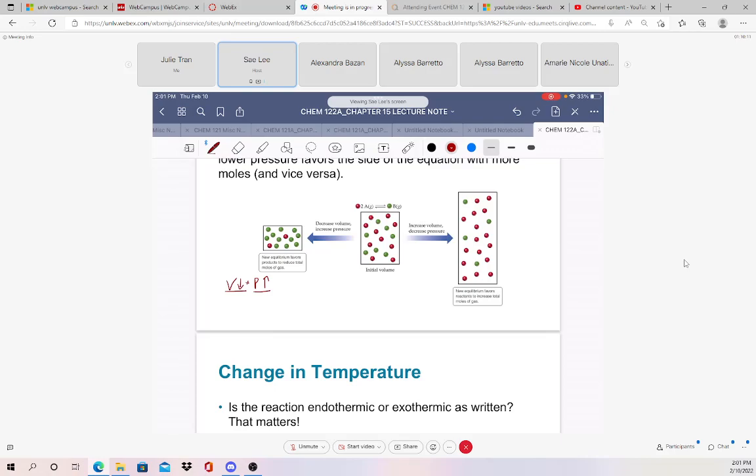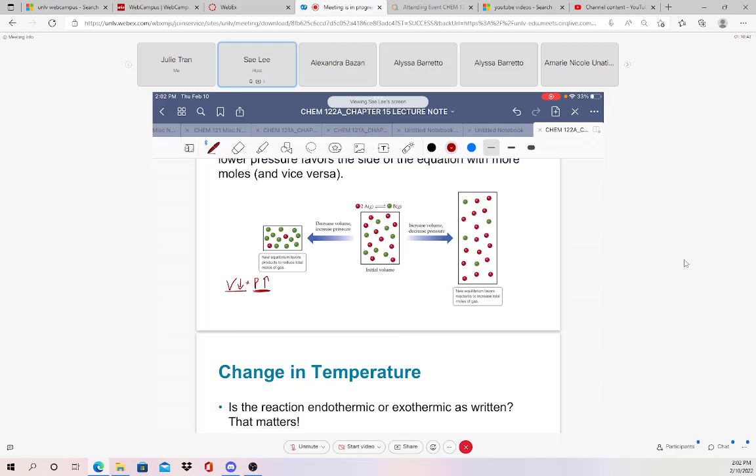Then what happens to the equilibrium system is that the system will shift to a position that can reduce this increased pressure. In a simple way, think of a situation with extremely high pressure. A system with high pressure would want to release that pressure. So how can a reaction system release the pressure?